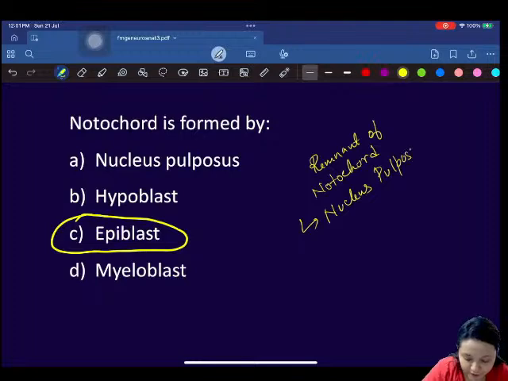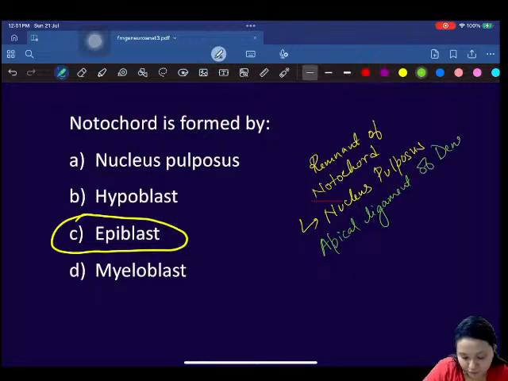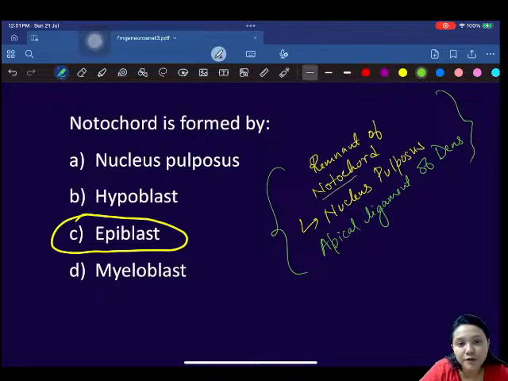And then you also have a ligament that is known as the apical ligament of dens. So these are the two remnants of the notochord. The notochord is not formed from the nucleus pulposus. The nucleus pulposus is the remnant of the notochord, and you also have the apical ligament of dens. There are two remnants of the notochord: the nucleus pulposus in the intervertebral disc and the apical ligament of dens. Okay?